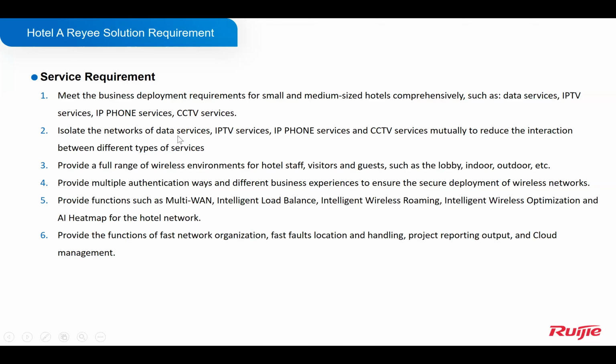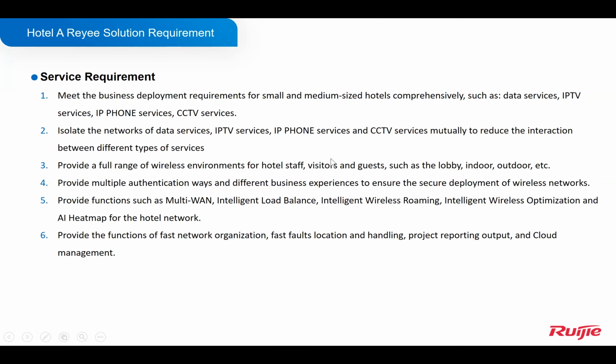For example, for IPTV we create one VLAN, for IP phone service we create one VLAN, and for CCTV we create one VLAN. So every VLAN will provide the service for every network. After this, we have to provide full coverage of the wireless environment to our hotel's different customers, such as the staff, visitors, and guests.